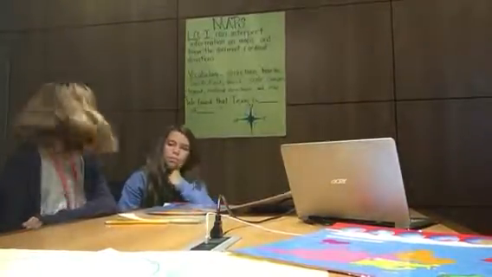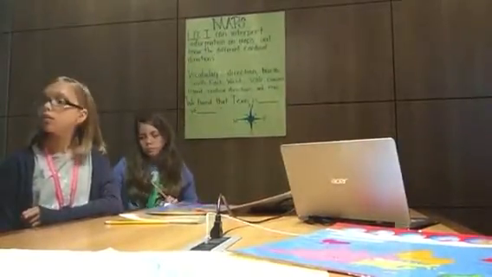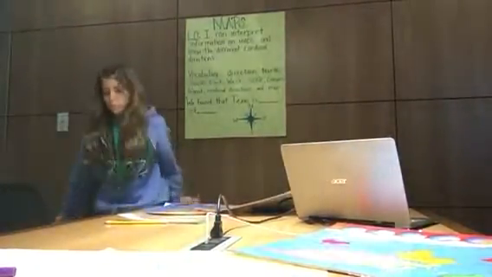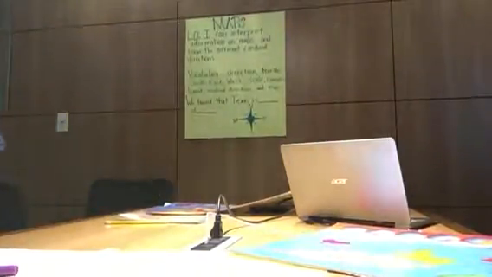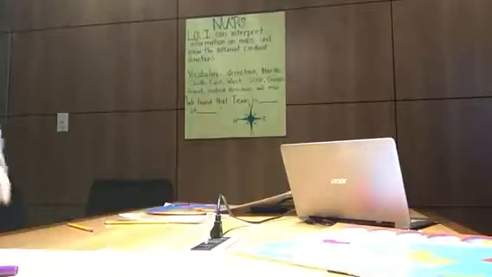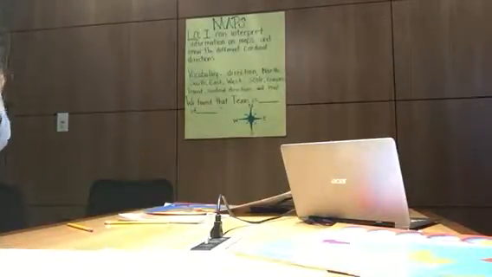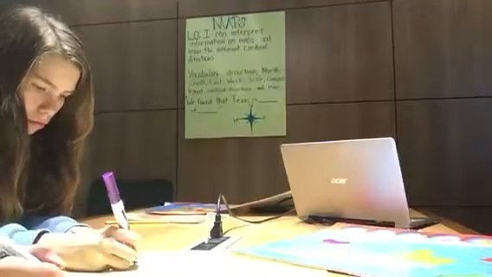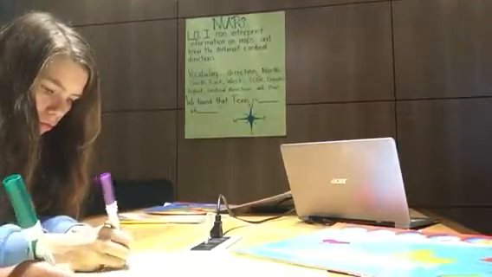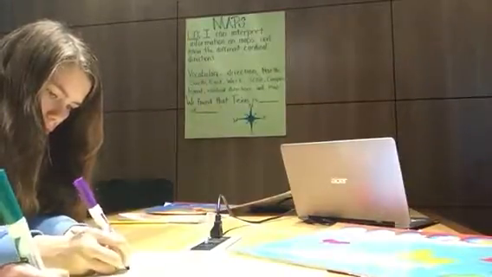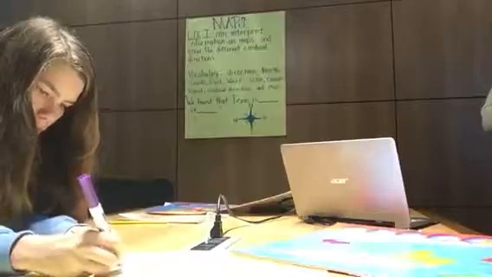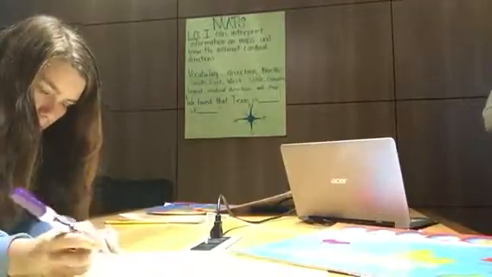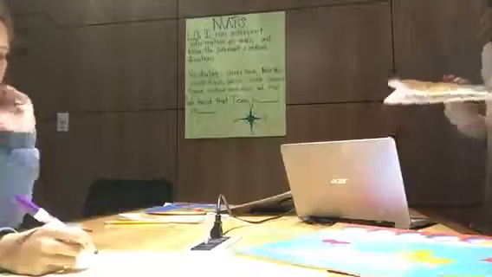Charity, why don't you take maps, and then Chelsea, you'll take globes, and you're just going to write in what you know about each one, how they're similar and how they're different. Remember, here's the globe.